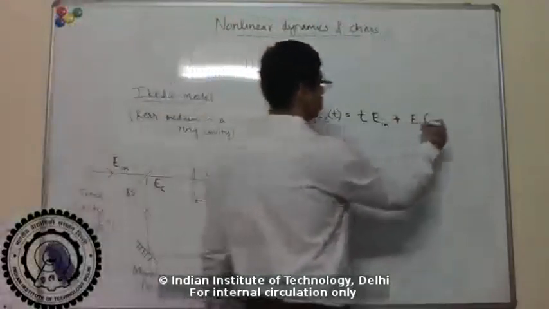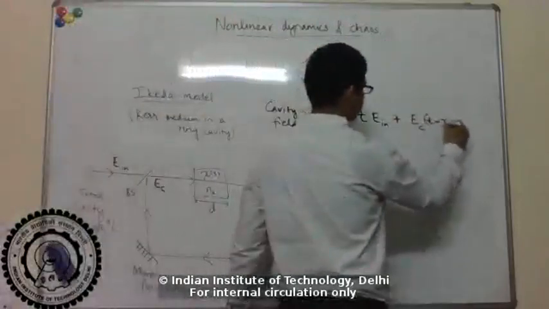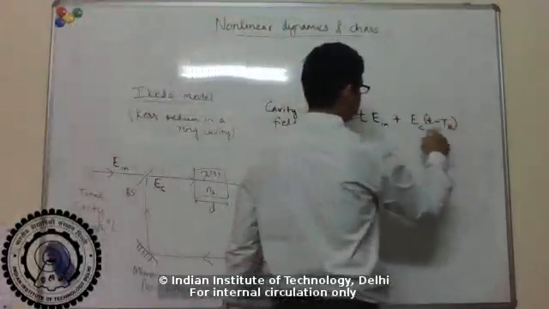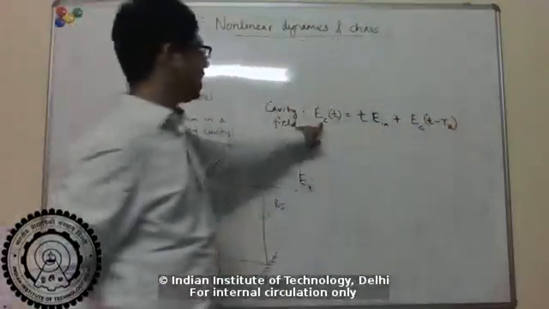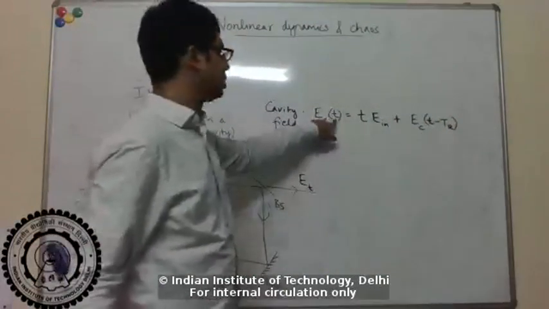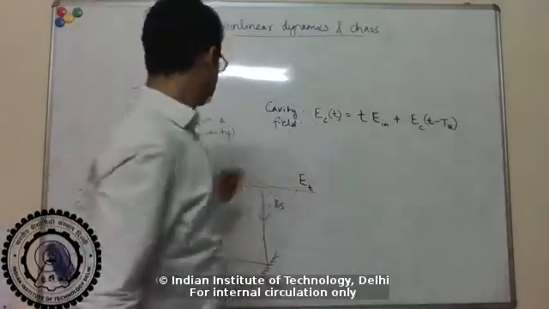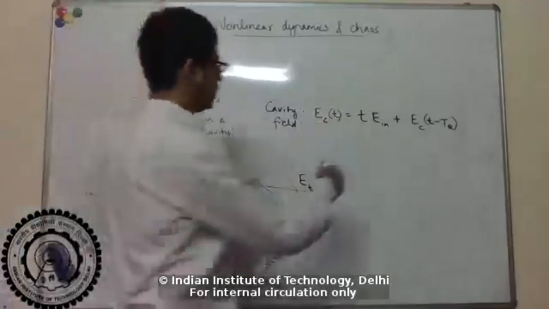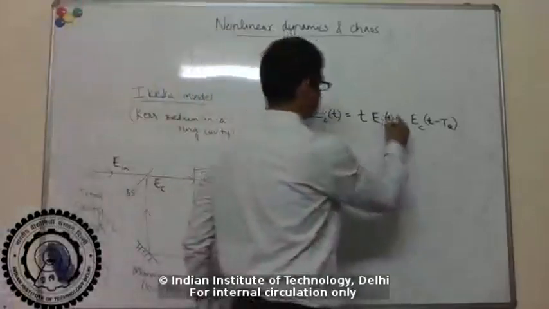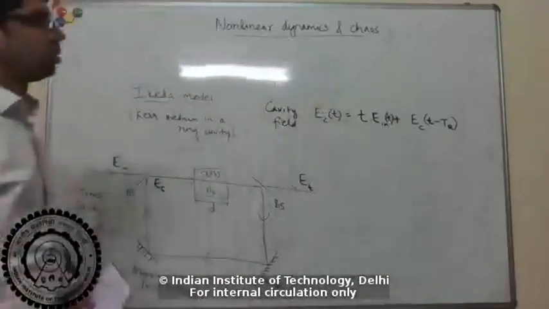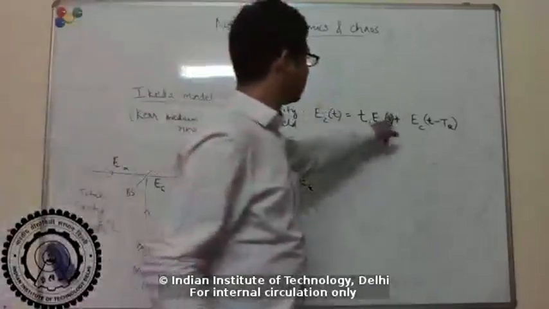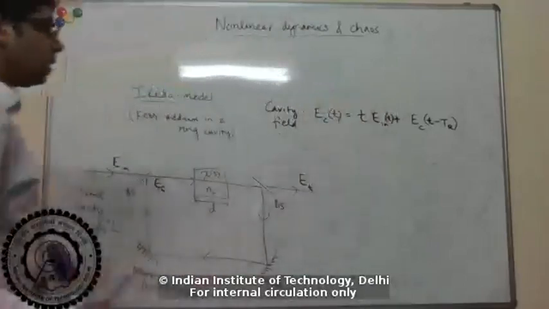So the field at t minus TR. I'm looking at the cavity field at the current time t, which will be the transmission times E in at the current time. But for a CW input field, this is just a constant, it doesn't matter.